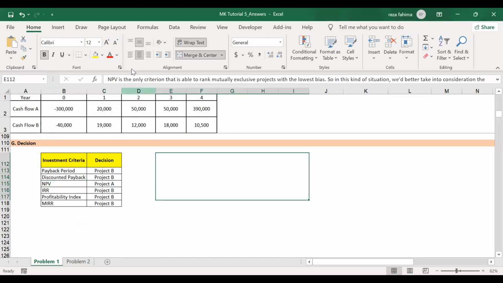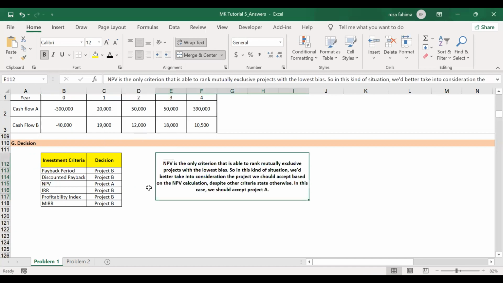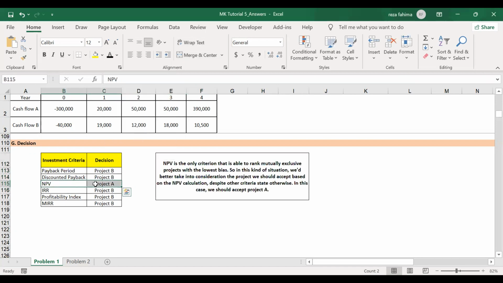The answer is you have to choose based on the NPV, the higher NPV. It means you have to choose project A since, as I told you before in the material video, NPV is the only criterion that is able to rank mutually exclusive projects with the lowest bias.